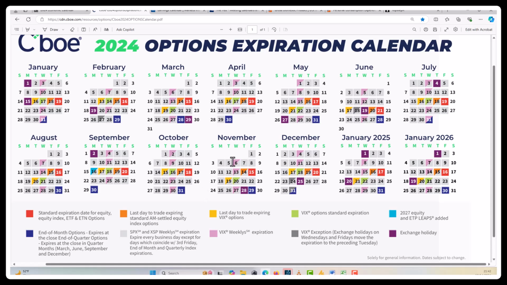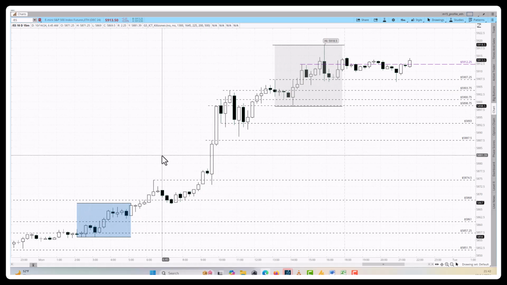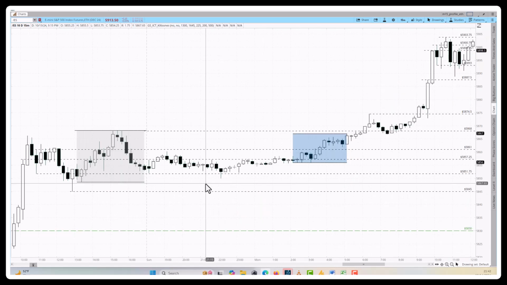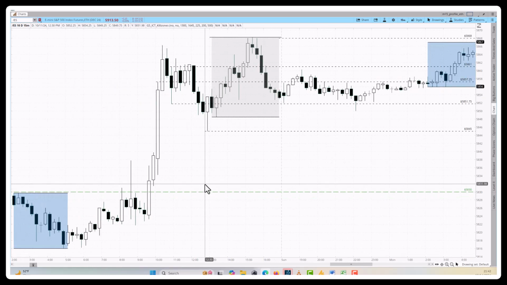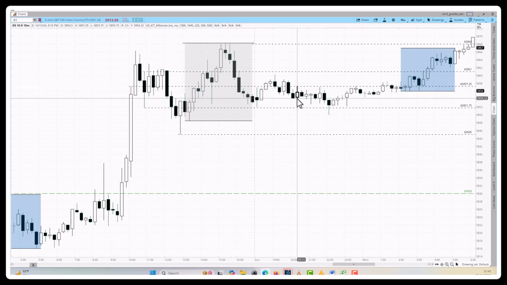All right, let's see how the price action happened today. On Sunday we see some kind of setup, right? After the markets closed on Friday, we see a short setup right here.